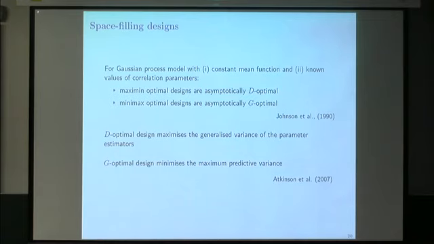The D-optimal designs maximize the generalized variance of the parameter estimators, and G-optimal designs minimize the maximum predictive variance. So for the prediction problem, G-optimal designs are more relevant.